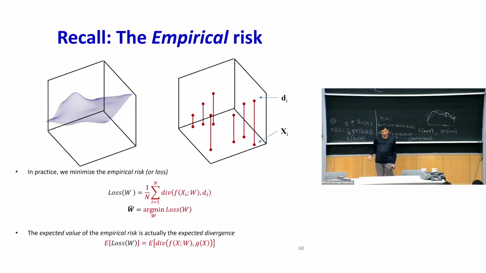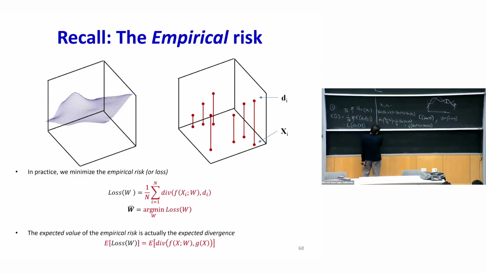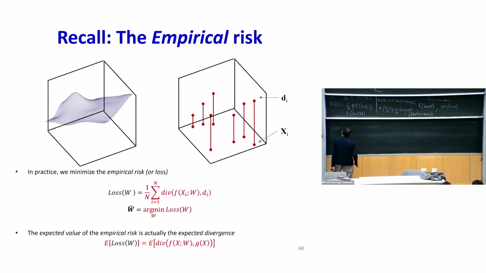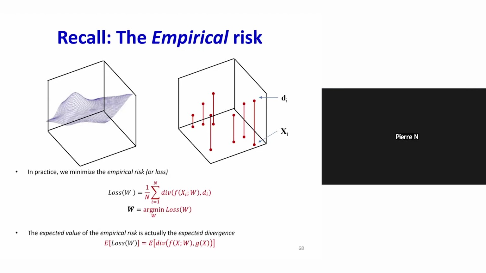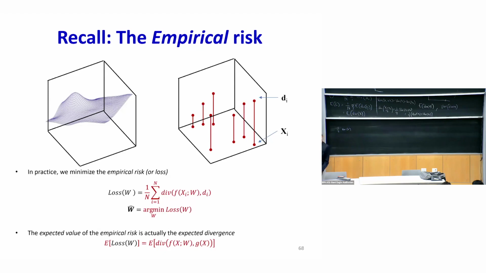Everybody with me? And if x1 and x2 are identically distributed, then this is simply going to be half the variance of x. So in general, if I have n training points, if I have n samples, what will the variance be?